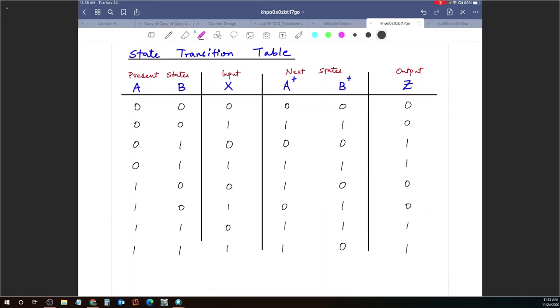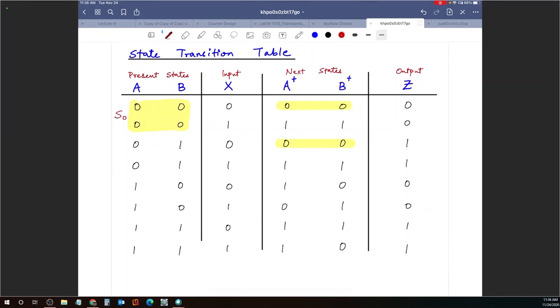So what I'm going to do is observe that over here A is 0 and B is 0, which also happens over there, and that's it. So that can be my state 0.